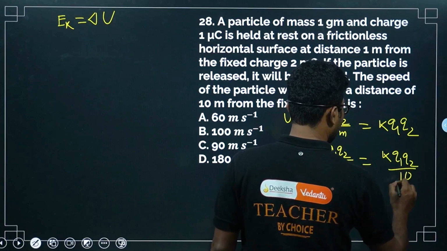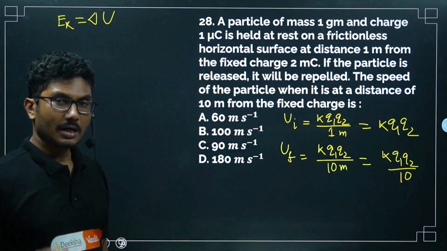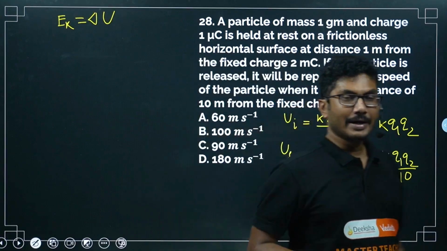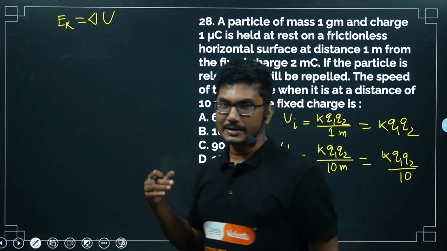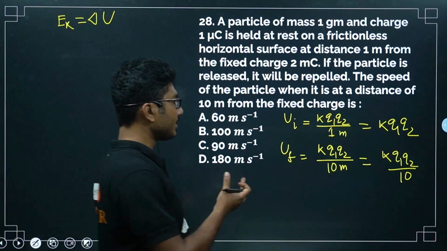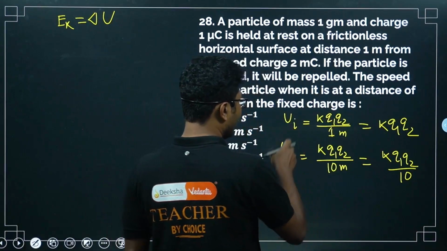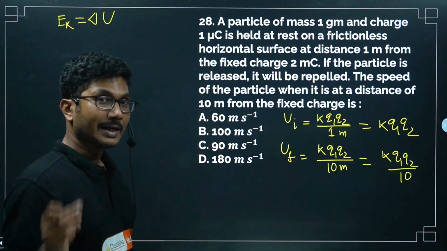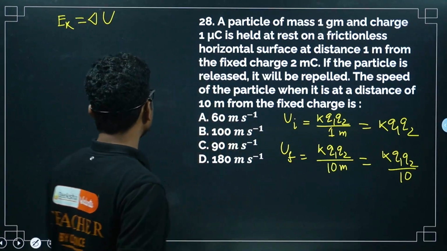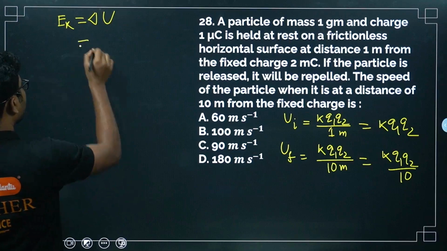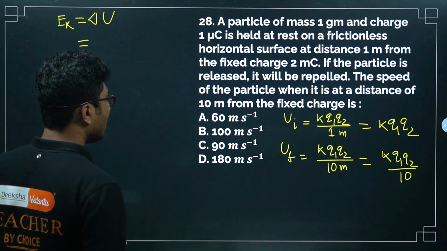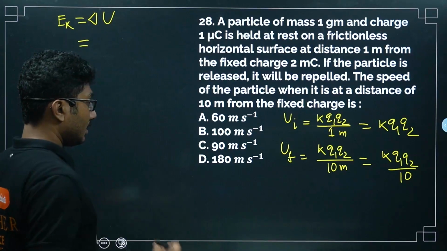Now if you see, in this case both the charges are positive and you are allowing them to move. That is, the field is doing the work. That's why if you are doing UF minus UI, then you will get a negative value. But since the system is doing work, we are not worried about sign. We are only worried about the difference in energy.